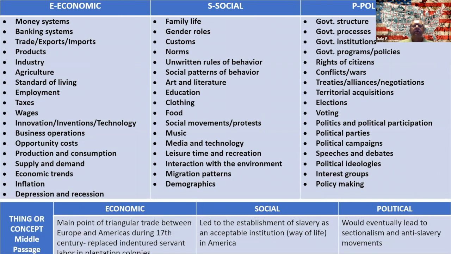Last item here is the middle passage. So here is a concept, a thing. And economically, the middle passage was the main point of the triangle trade during the 17th century.